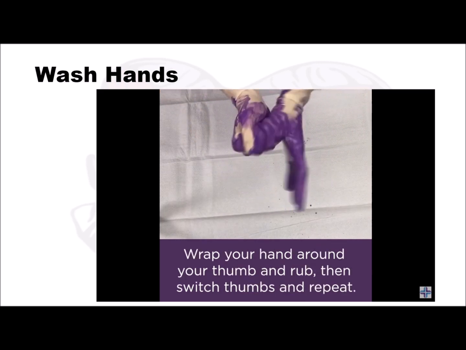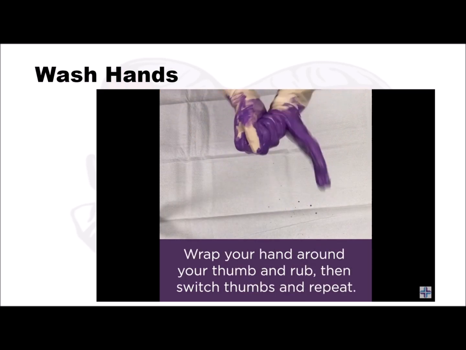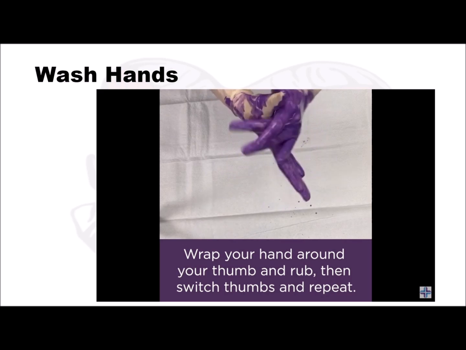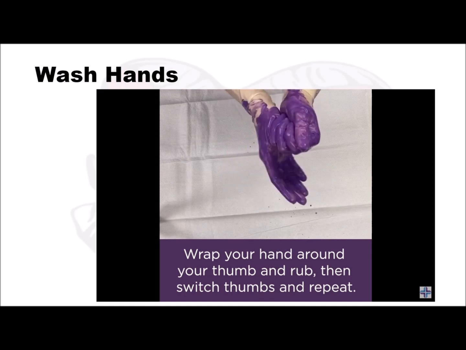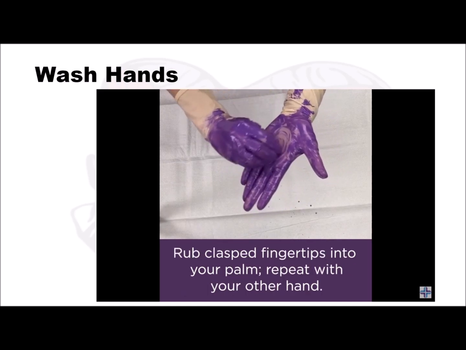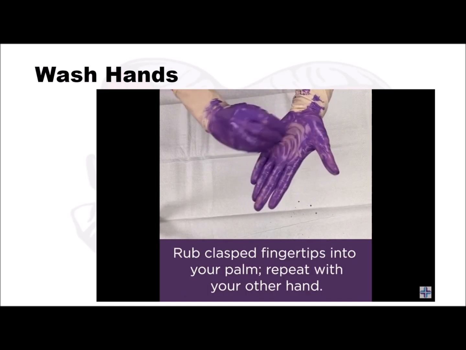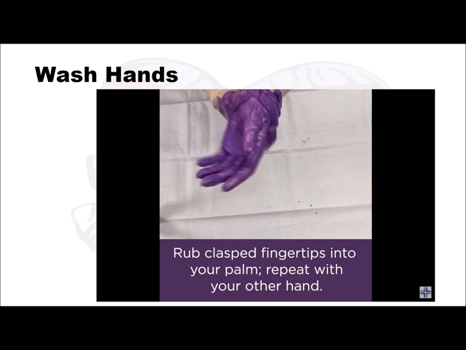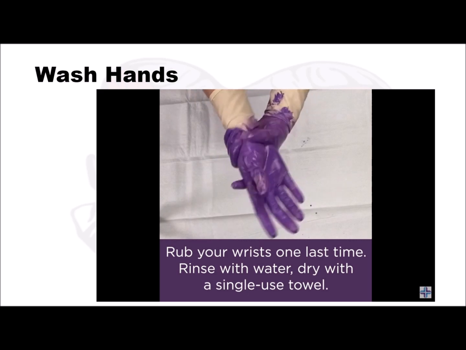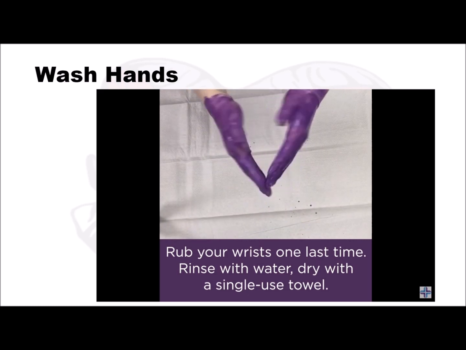And then start rubbing your thumbs. And then you're going to take your fingertips, clasp the fingertips in the right hand in the left palm, and vice versa. Rub your wrist one last time to make sure your hands have been completely covered in soap.